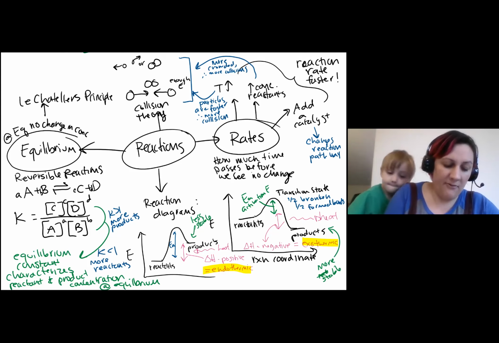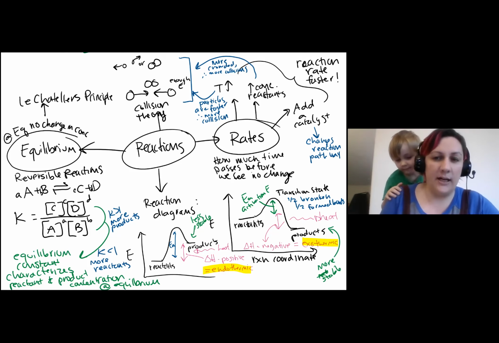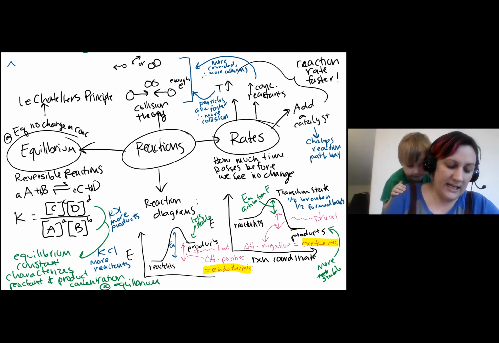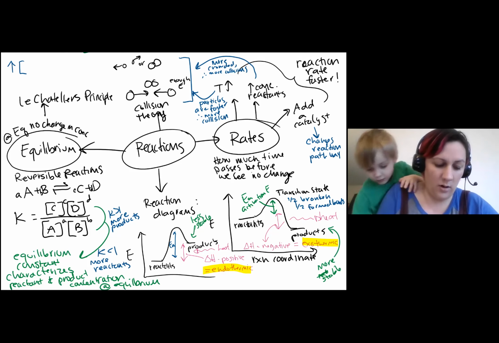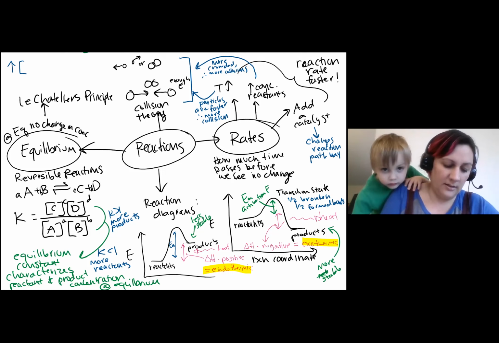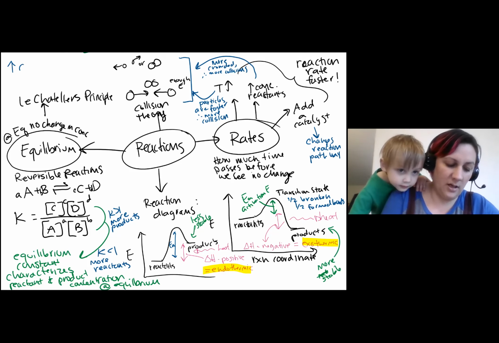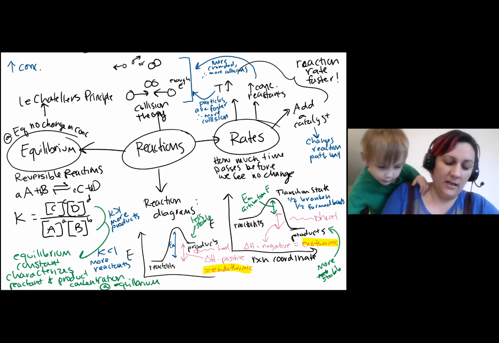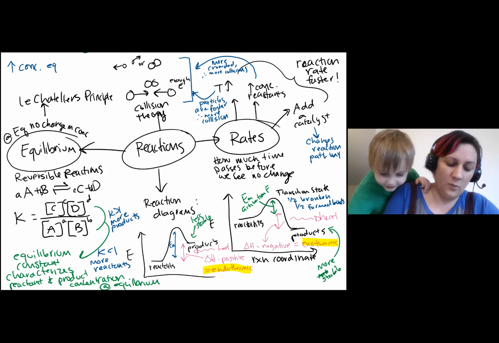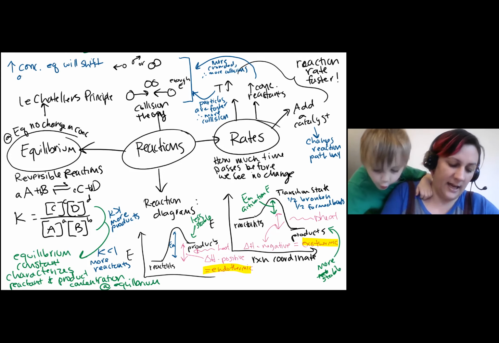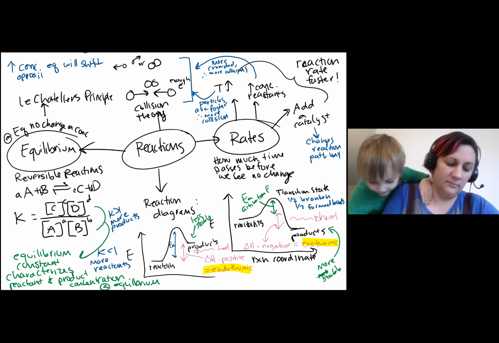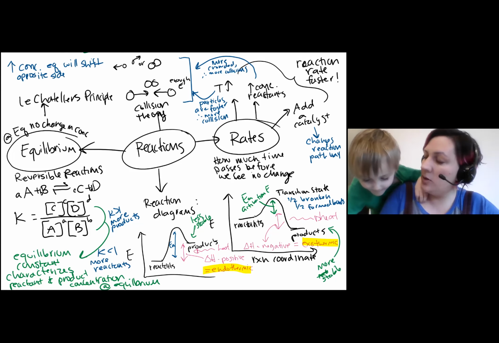And so in general, this is me summarizing these rules: if we increase the concentration of a reactant or a product, here, let's actually do it like this. If we increase concentration, then the equilibrium will shift to the opposite of whatever increased, to the opposite side.